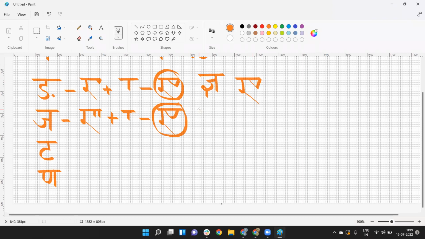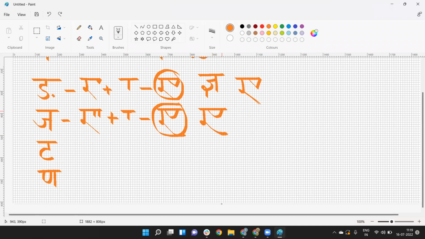In case of Ja, the other difference is this curve that we always draw under Ja. Here the line is straight. In case of Ja, we always have this curve at the end. Secondly, the triangle that you're making, in case of Ja, is a little soft shape, what I'm drawing here, and more wider. And there is an extension of Shirorekha towards the right hand side also. So the difference is very clear.